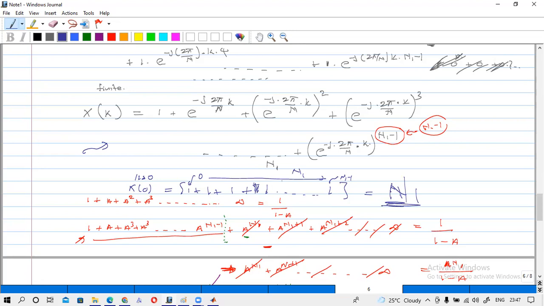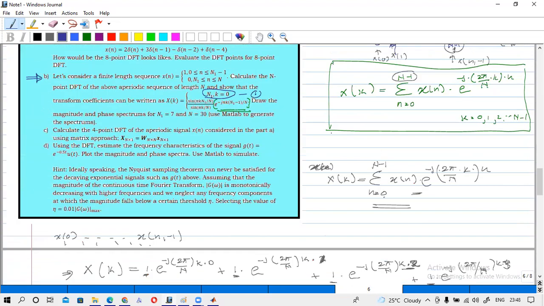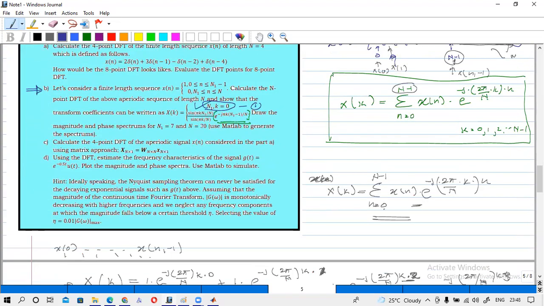If there are 100 ones, you will get 100. Likewise, if there are n1 terms, adding them together gives n1. So I think this one is also correct. So this is okay.